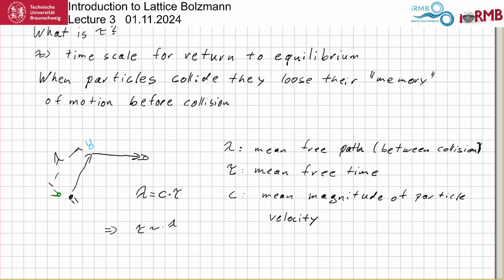When we rearrange this, it is lambda divided by cs, because cs is the speed of sound, and this is related to the root mean square of the particle velocity. So this tau then becomes, potentially up to a constant that may also depend on the shape of particles, the mean free path divided by the speed of sound.